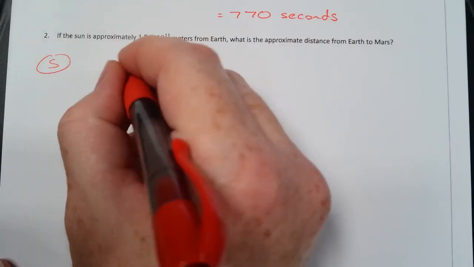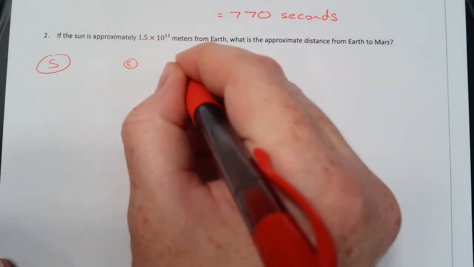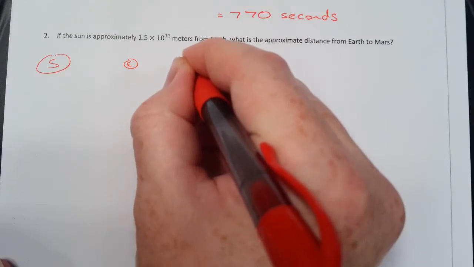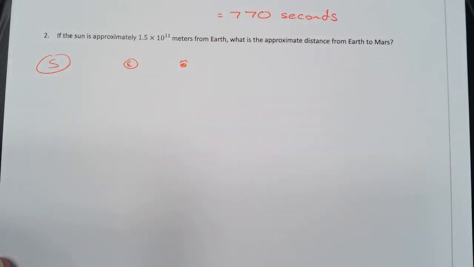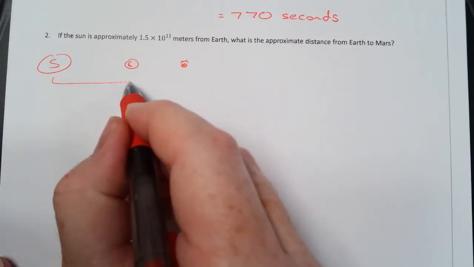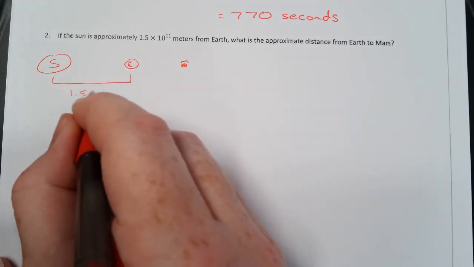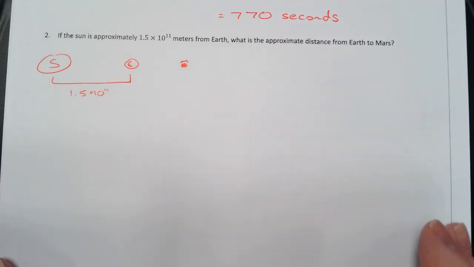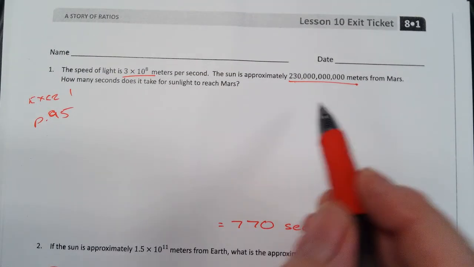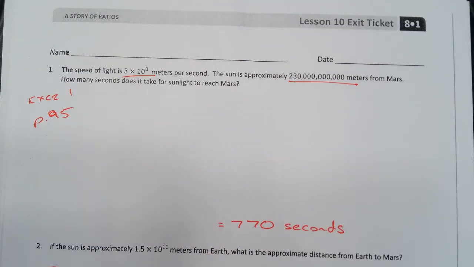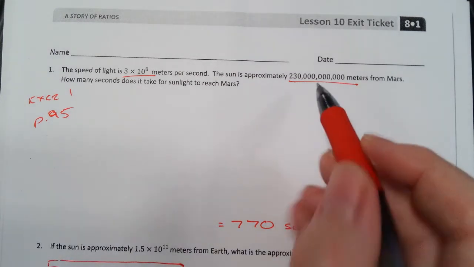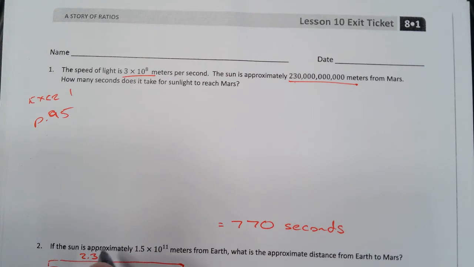We have the sun, we have Earth, and we have Mars. This is Mars. It's small because it's small. So the sun is 1.5 times 10 to the 11th from the Earth. And in number 1 above us, it tells us that Mars is that number, which is 2.3 times 10 to the 11th away.